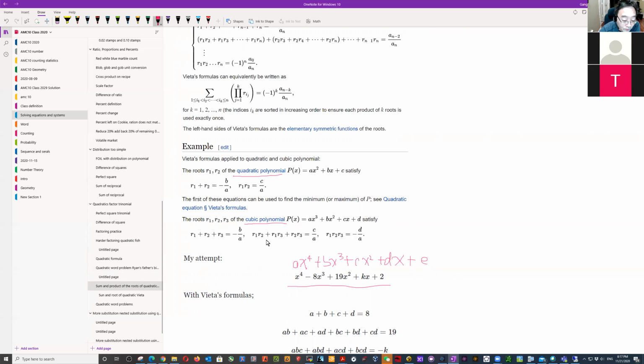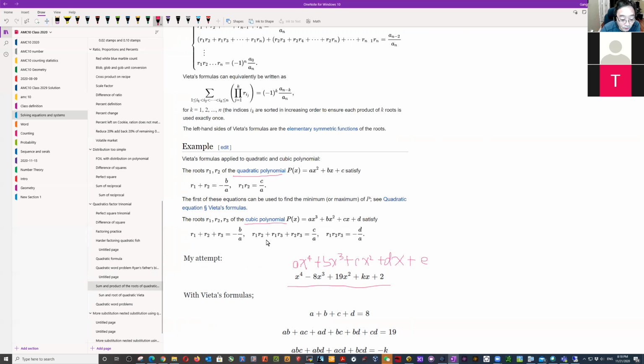Let's see how the pattern goes. R1 and R2 are its roots. The sum of the roots equals negative b over a, and the product of the roots R1 and R2 equals c over a. So this is for the quadratic polynomial.